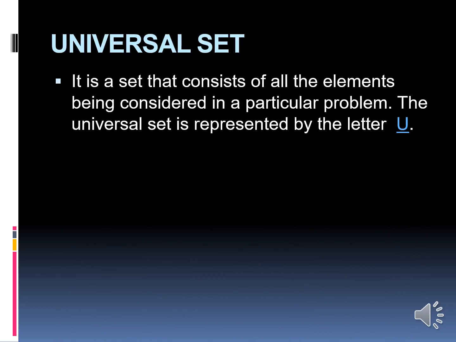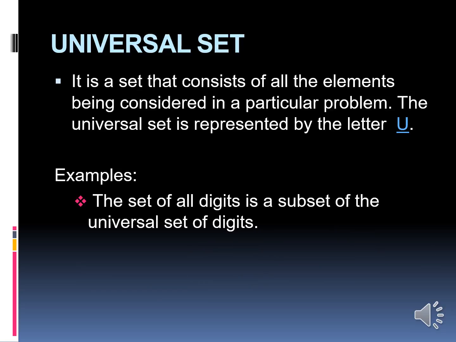Another type of set is the universal set. It is the set that consists of all the elements being considered in a particular problem. So the universal set is represented by the letter U. For example, the set of all digits is a subset of the universal set of digits. So the digits are 0, 1, 2, 3, 4, 5, 6, 7, 8, 9.